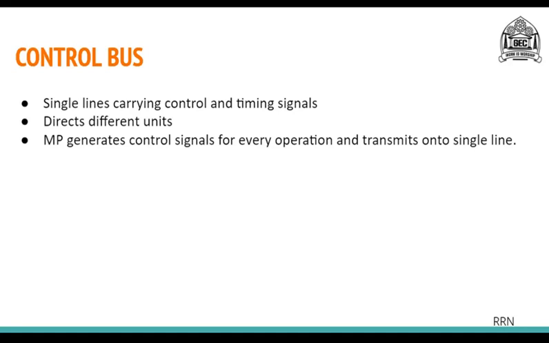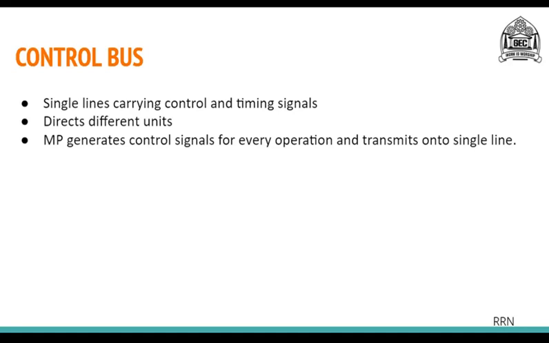Like memory read, memory write, interrupt, and so on. There are different types of control signals which have to be transmitted for each step of your operation so that you can perform that operation smoothly and accordingly. And those signals are transmitted by your control bus.